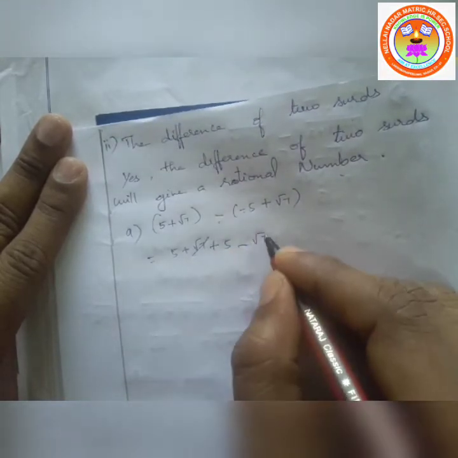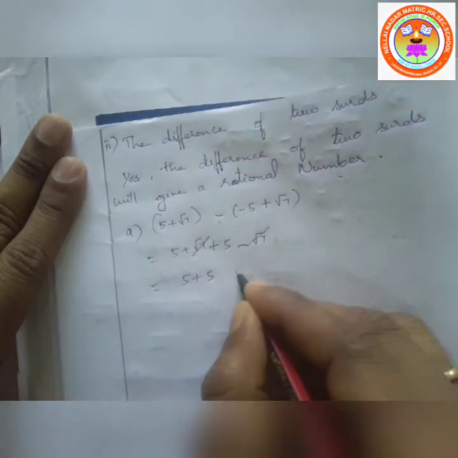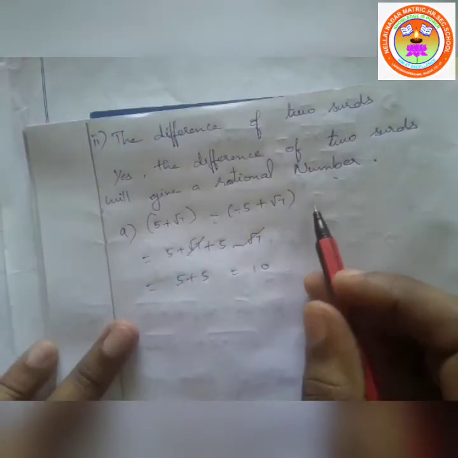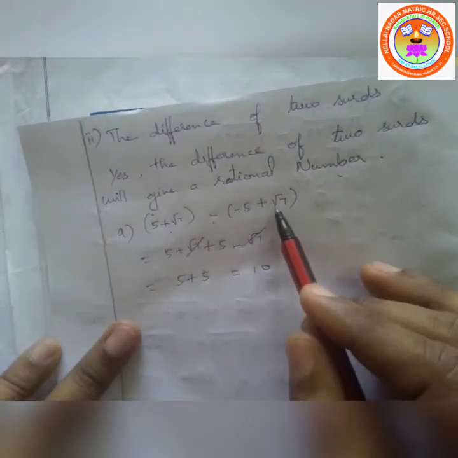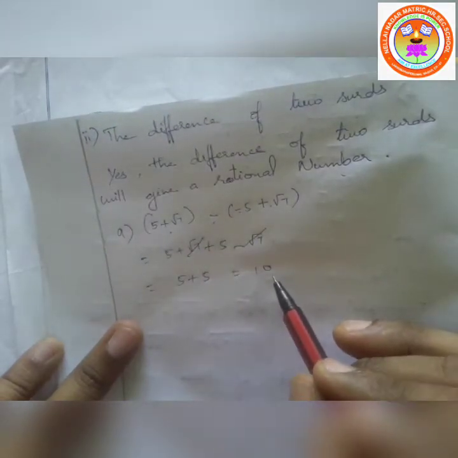So root 7 minus root 7 will get cancelled. You will get 5 plus 5 equal to 10.